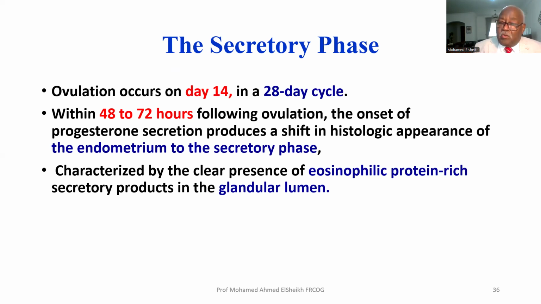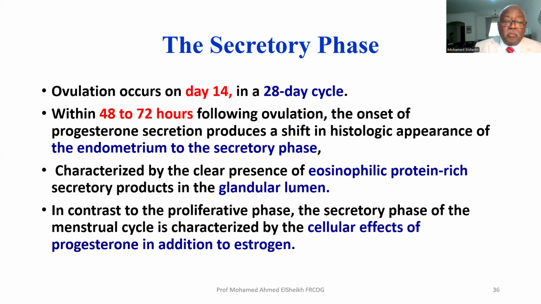In contrast to the proliferative phase, the secretory phase of the menstrual cycle is characterized by the cellular effects of progesterone in addition to estrogen. Proliferative: estrogen alone; secretory: both estrogen and progesterone.